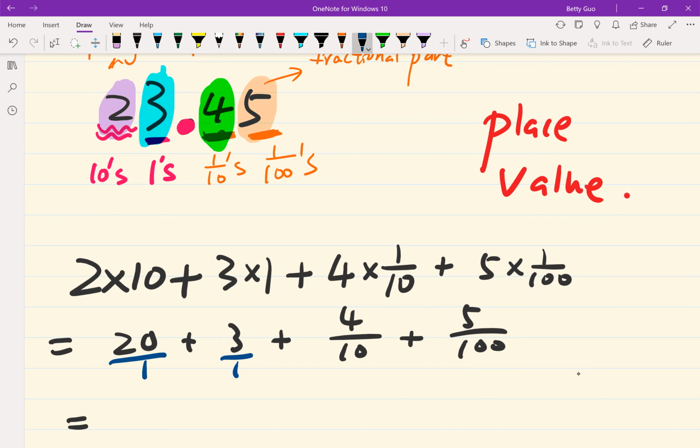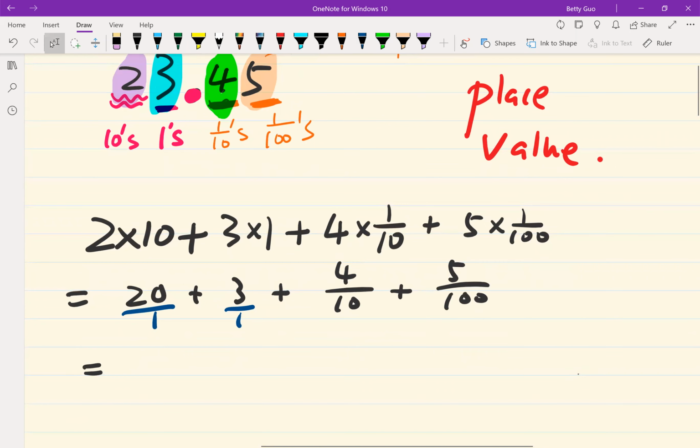This is 3/1, right? And you have 4/10, 5/100. What's the least common multiple of 10 and 100? 100. Least common multiple is 100. So you can multiply both top and bottom by 100. It's the same. This you're gonna multiply by 10, right?